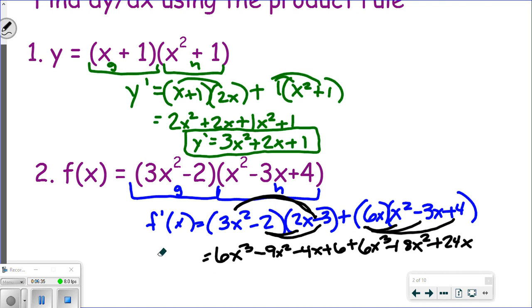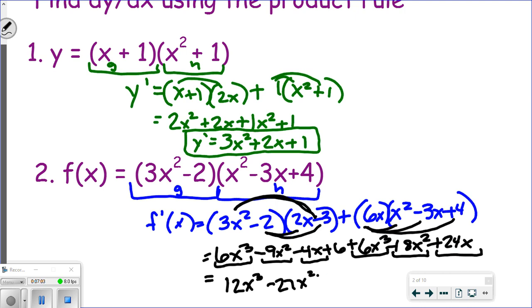So that would be, let's see, we have 6x cubed and another 6x cubed. So 12x cubed. We have negative 2x squared minus 18x squared. So that would be minus 27x squared. We have a negative 4x and a positive 24x.